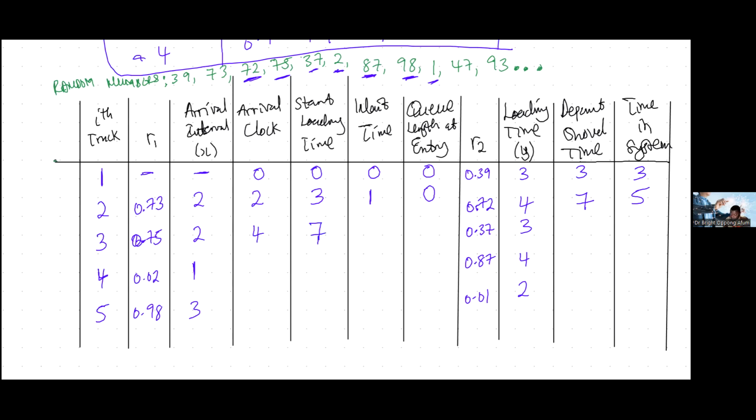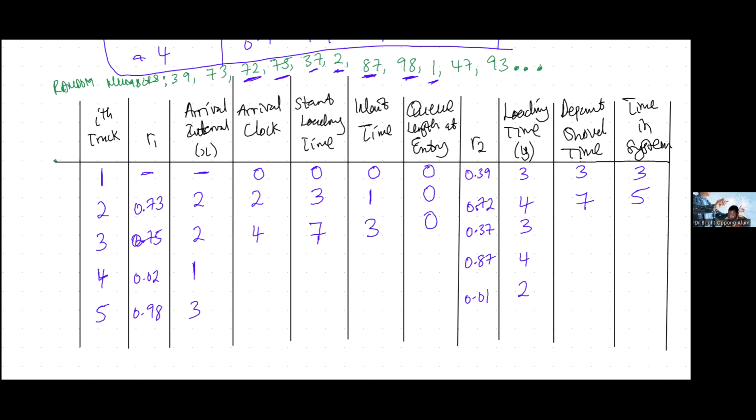Will it have to wait, and what will be the waiting time? Yes, it comes in at clock 4 and we start loading it at 7, so it's going to wait for 7 minus 4, which is 3. Will it be queuing? No, because as soon as it came, track 1 had already left and track 2 was being loaded. So it was waiting. It means that there is no queue length.